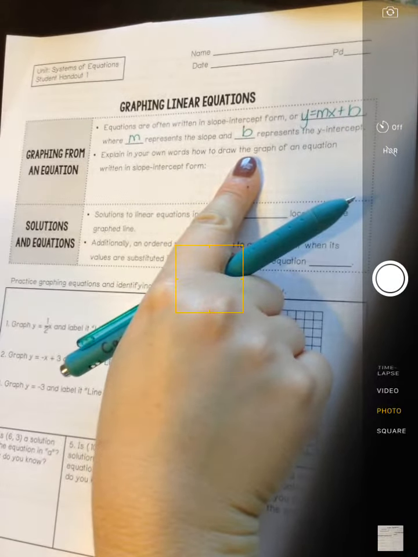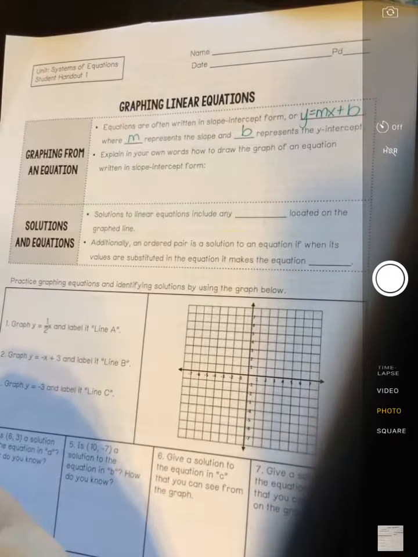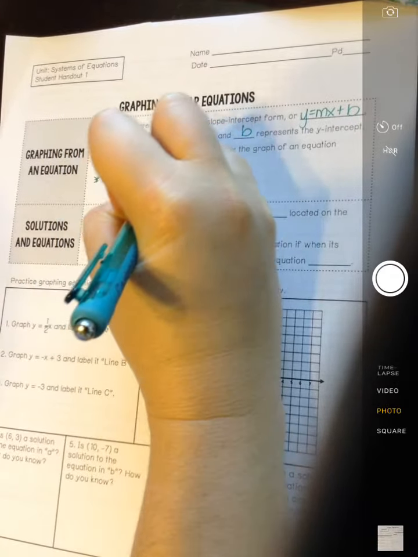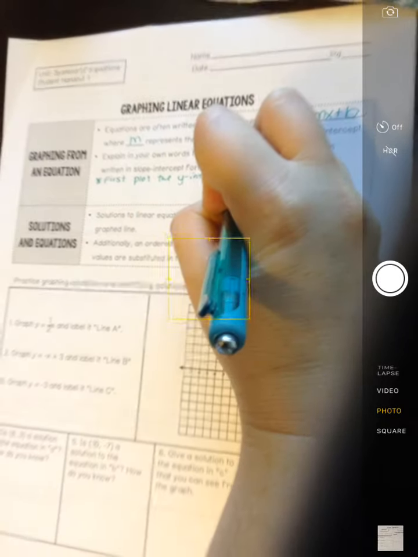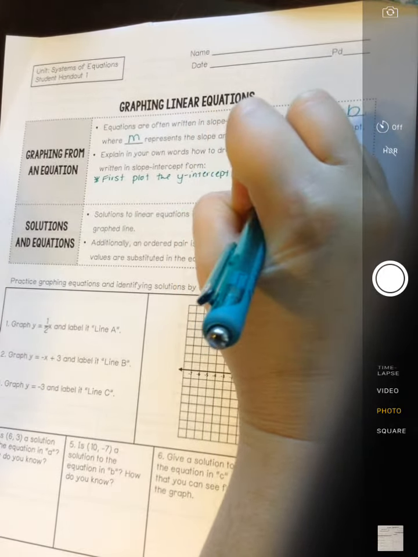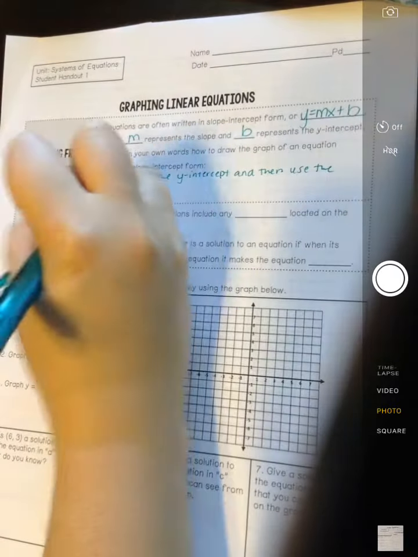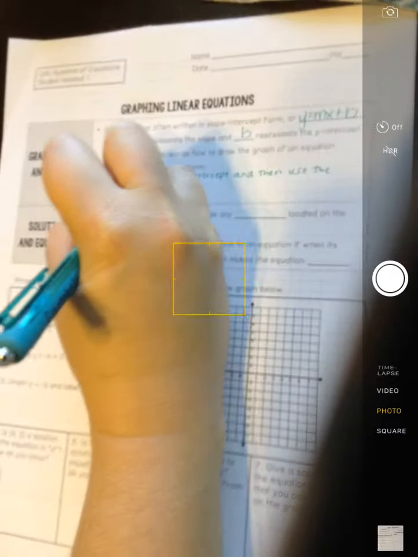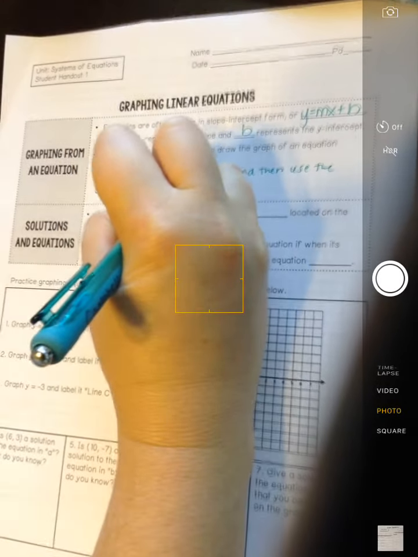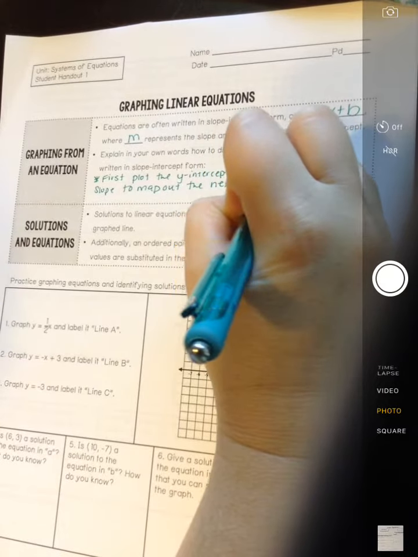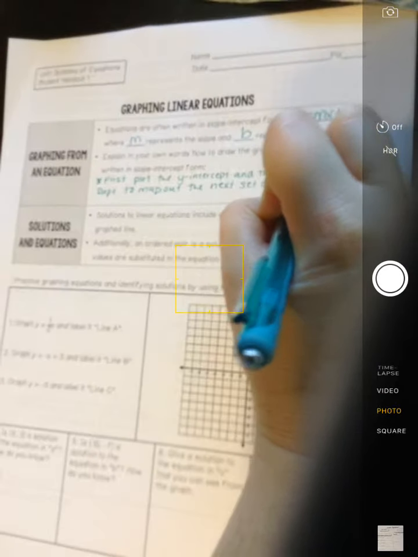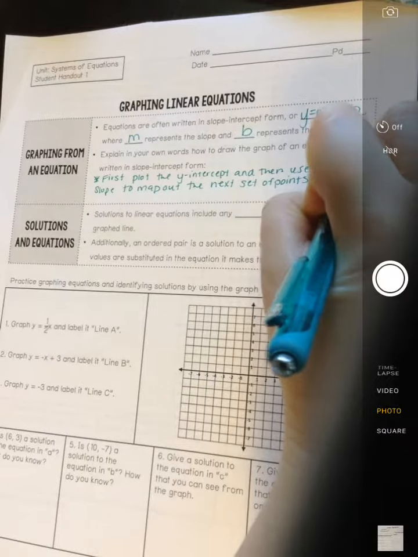So how did we graph when we had an equation written in slope-intercept form? So first, you plot the y-intercept. And then use the slope to map out the next set of points or ordered pairs.